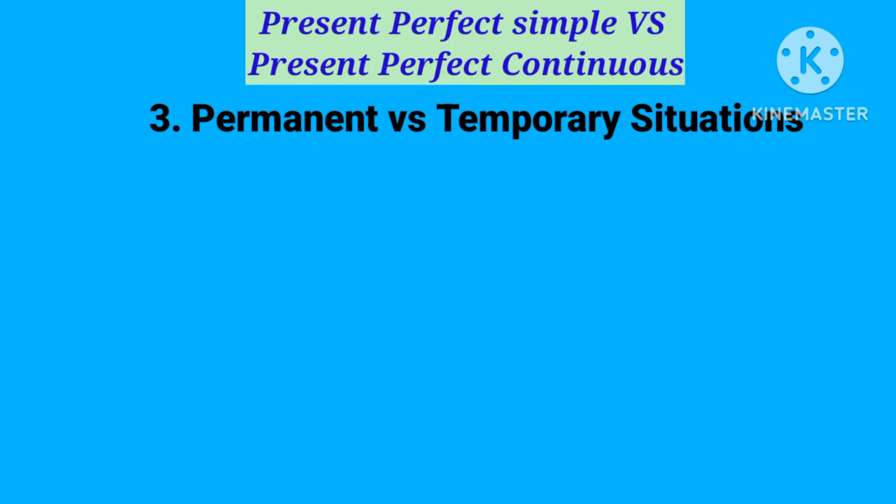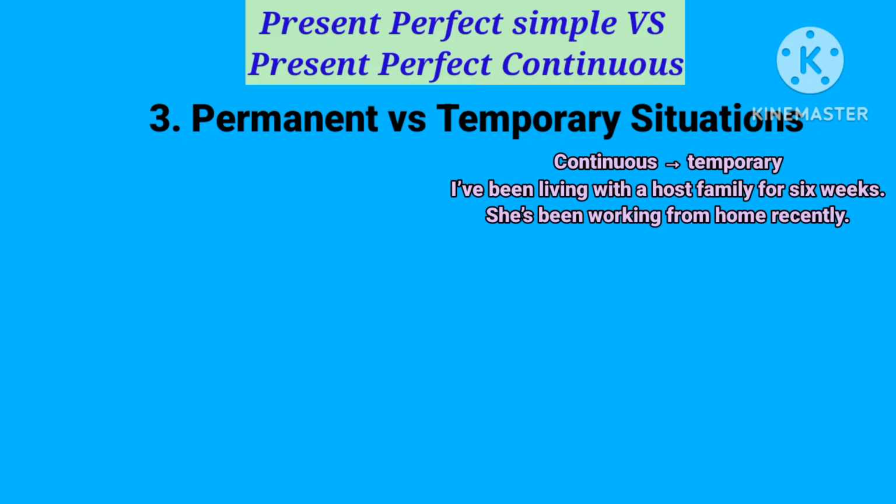Number 3, permanent versus temporary situations. Present perfect continuous focuses on temporary action. For example, I've been living with a host family for 6 weeks. She has been working from home recently.